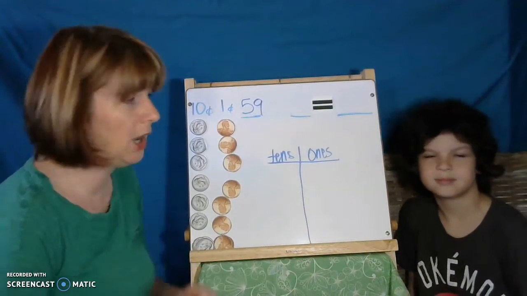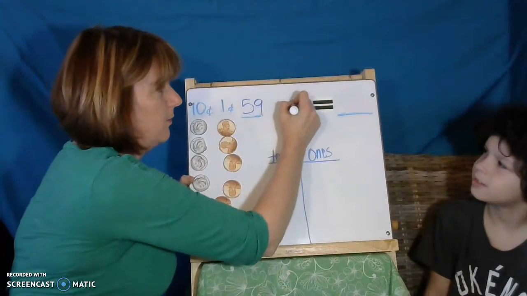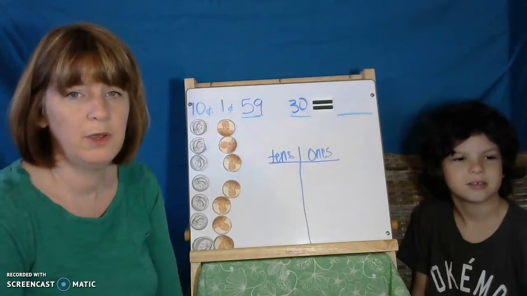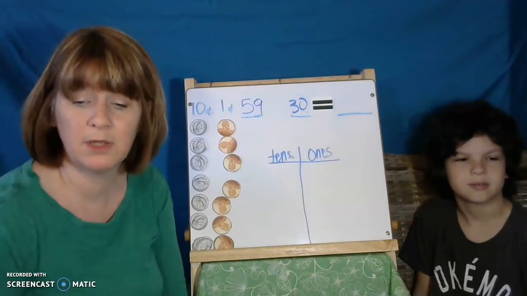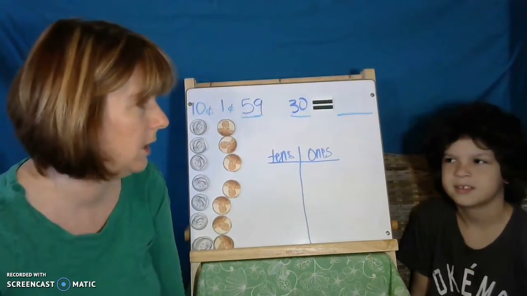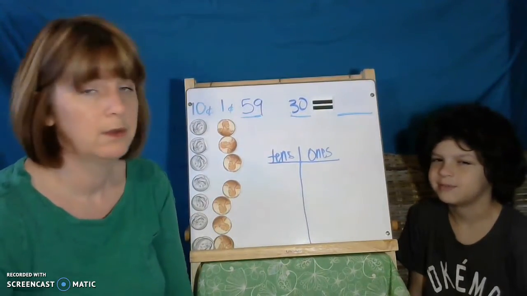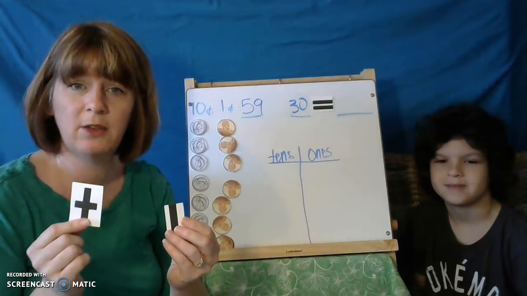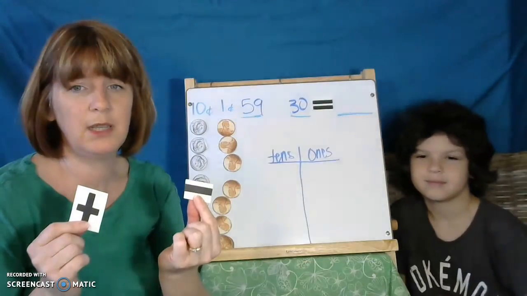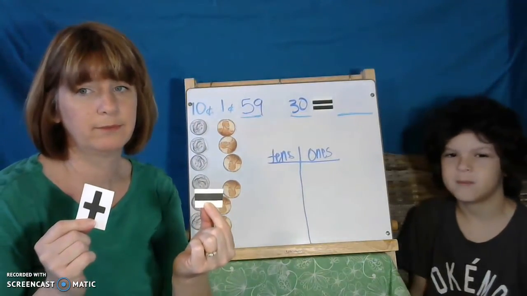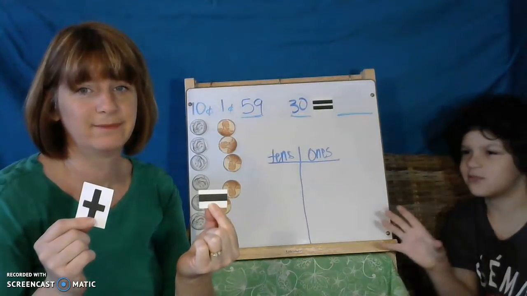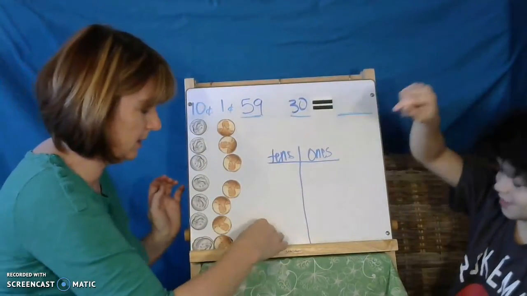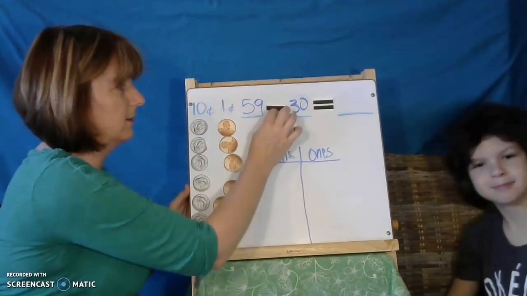So he bought something for 30 cents. Now, when you have a certain amount of money and you buy something, do you have more or less money? Less. So to find out less money, would we be putting the two numbers together or taking some away? Taking some away, that's right. So we would be subtracting with the minus sign.